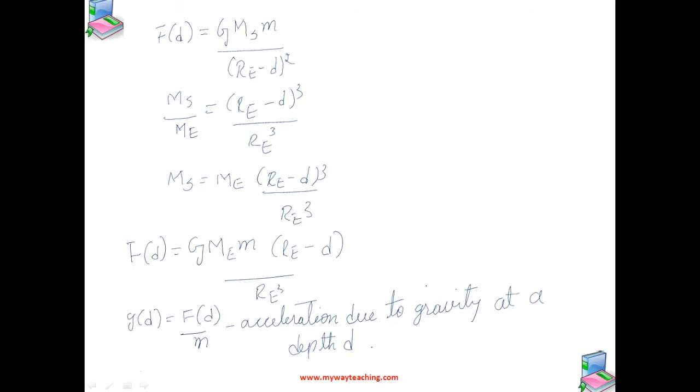That is given by g of d is equal to F of d by m. So, we can write g of d is equal to G Me by Re cube into (Re minus d).